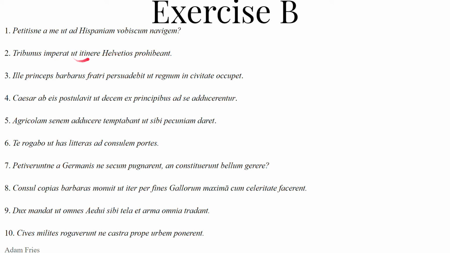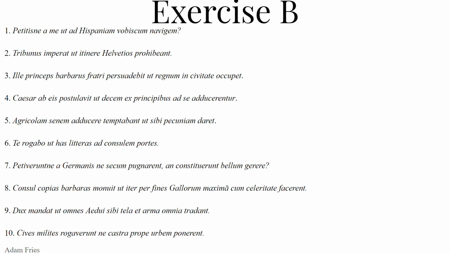So that itinere, the ablative, singular, neuter of iter, itineris, neuter, journey, route, march. Helvetios, accusative, plural of Helvetius, a, um, meaning people of Helvetia. These are the Swiss. Probably going to be the direct object, because I don't see a preposition in front of Helvetios. I'm not even going to mess with that itinere ablative yet.